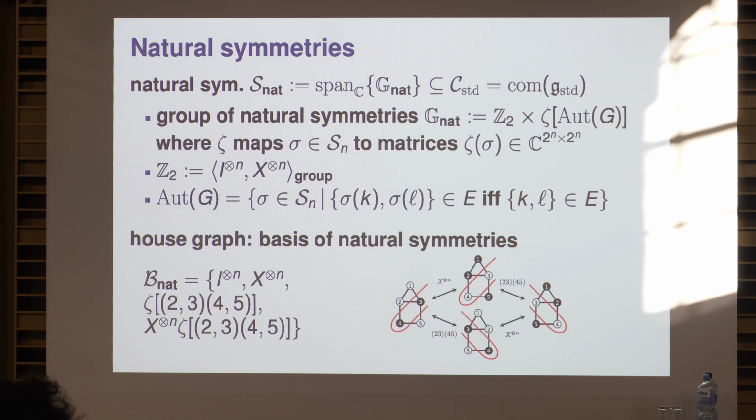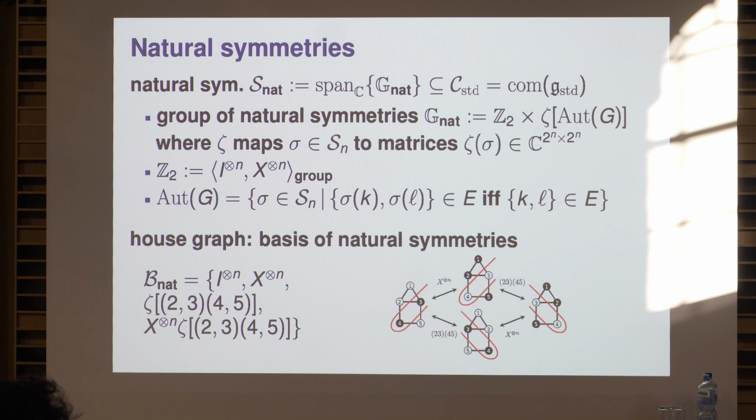So now we will approach the structure of the commutant, or the symmetries, in a certain step. We've introduced what we call the natural symmetries. So what are the natural symmetries? Obviously, you have a graph, you have automorphisms of this graph, which should be a symmetry.